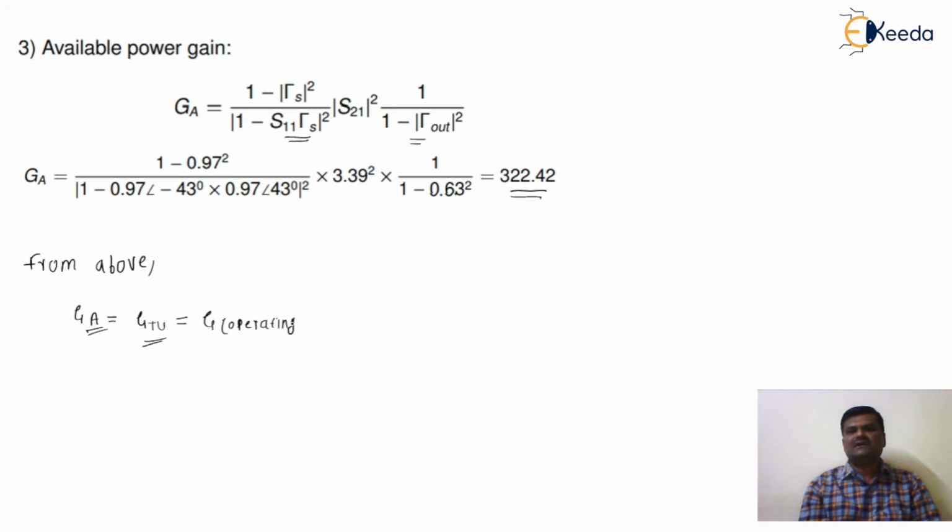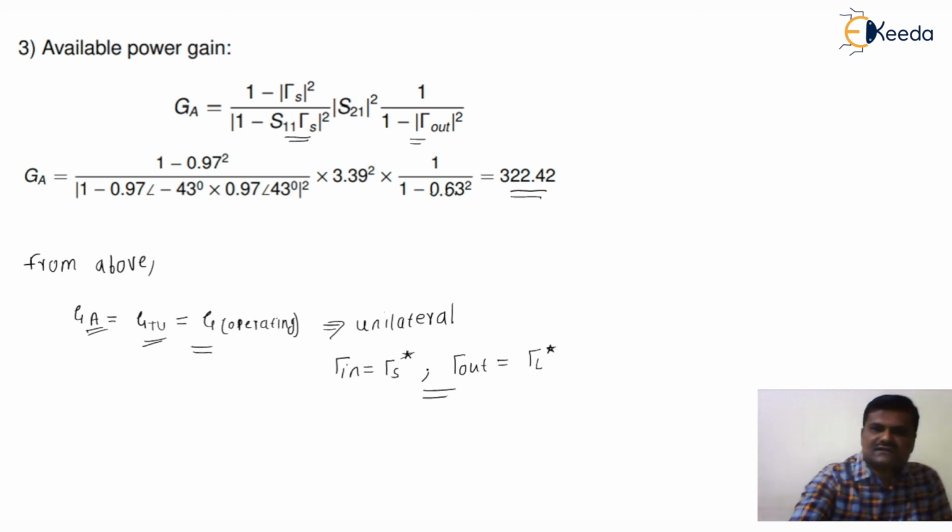So all are equal because of the unilateral case, where gamma in equal to complex conjugate of gamma S and gamma out equal to complex conjugate of gamma L.